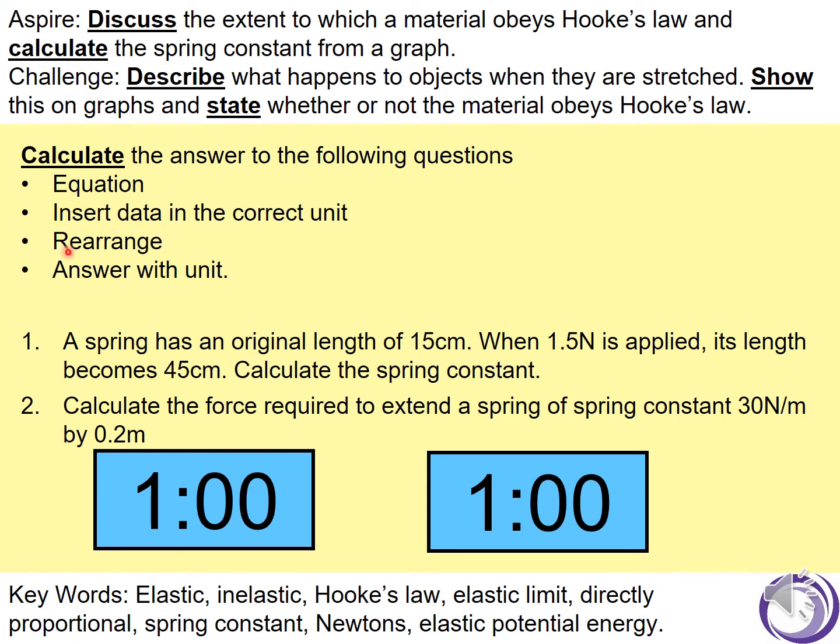You then need to rearrange that to provide you with the answer, whatever letter it asks for in the question. For example, calculate the spring constant is the important part of this question. And then finally, you need to calculate an answer for this, which includes the correct unit for this particular question.